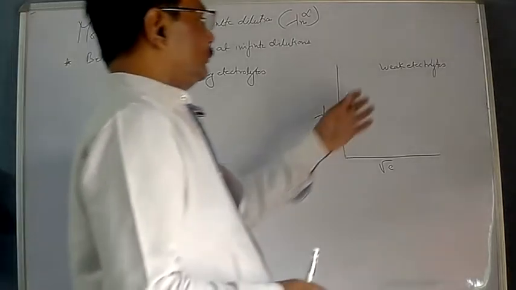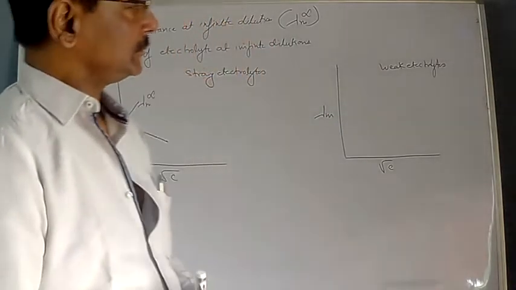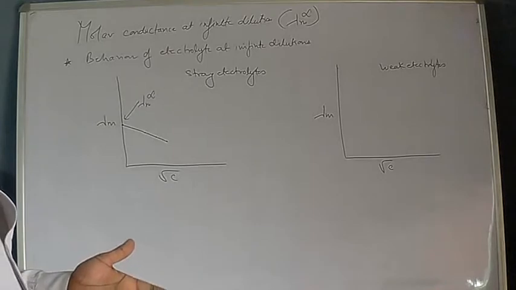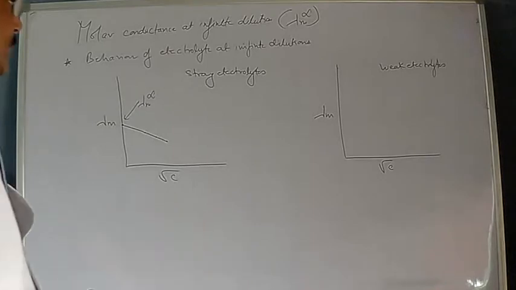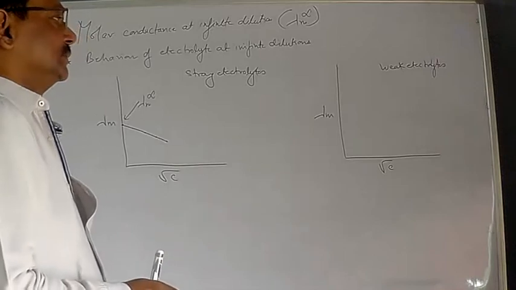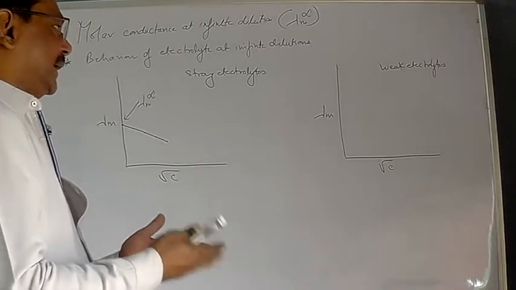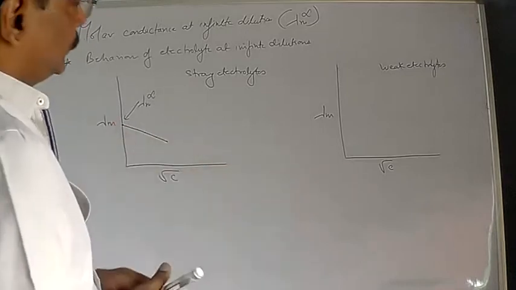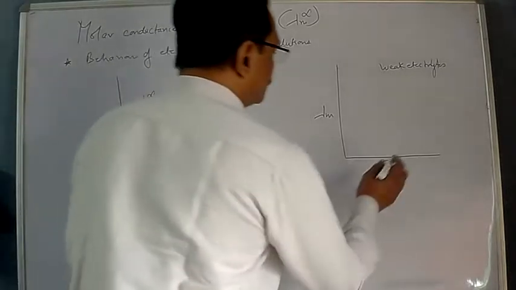Now let's talk about weak electrolytes. As we all know, weak electrolytes do not dissociate completely. Their dissociation is either 10%, 20% or 25%. So when we add water to them, they start showing higher conductance. The reason is that the electrolytes get dissociated more and more, so their graph rises steeply.